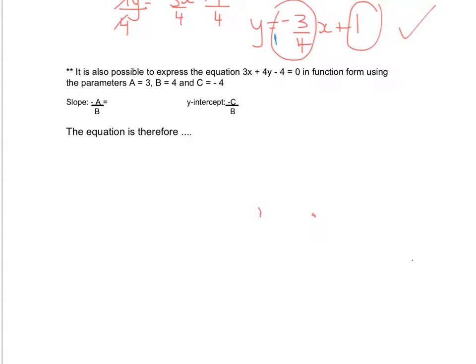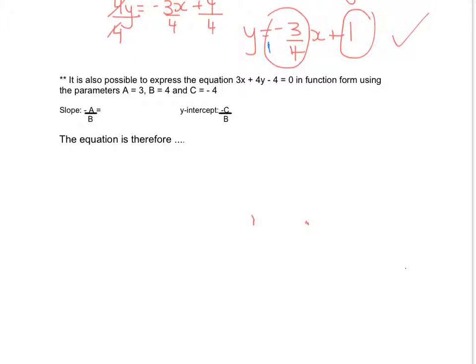Now, it is possible to express this equation, 3x plus 4y minus 4, in function form using the following parameters. So 3 is a, b is always with y, and c is always on its own.